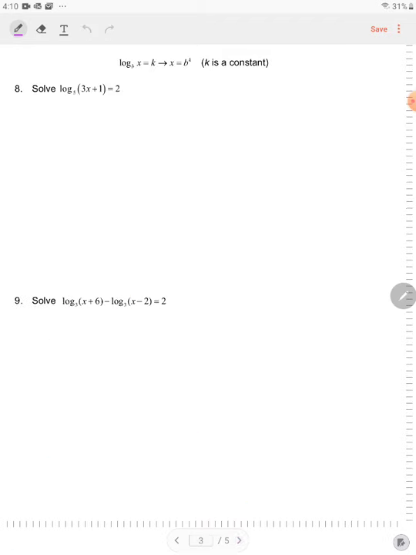All right, so let's look at this one. Notice this is different. We have a log only on one side. So if you have a log only on one side, you want to write this in exponential form. So it becomes 5 is the base, so 5 to the second equals 3x plus 1. So you get 25 is equal to 3x plus 1.